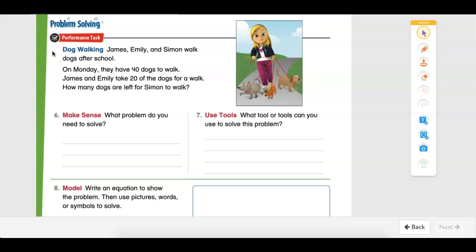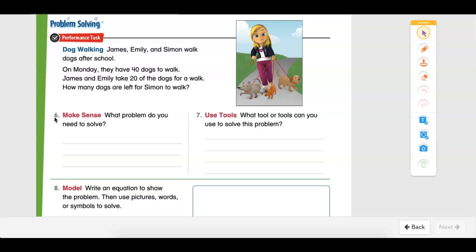James, Emily, and Simon walk dogs after school. On Monday, they have 40 dogs to walk. James and Emily take 20 of the dogs for a walk. How many dogs are left for Simon to walk?